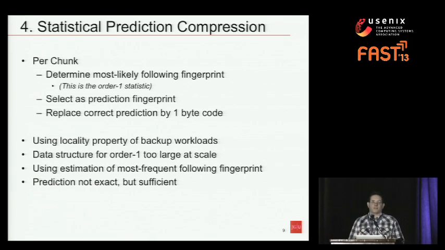So again, we relax an optimal approach, and we are only using an estimation of the most likely following fingerprint using a constant size of data per chunk, and we store this data in the chunk index. This prediction is relaxed, it's not exact, but it's sufficient for our purpose.